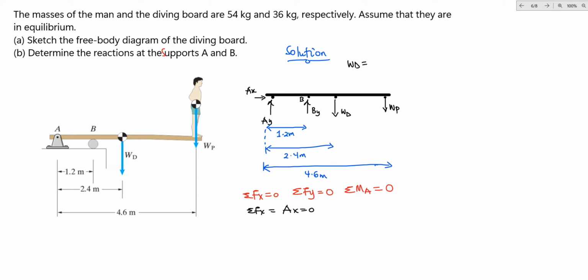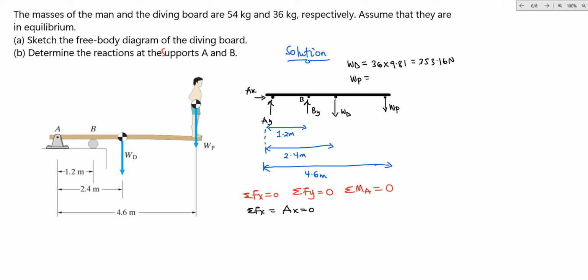You know the mass of the diving board to be 36 kilograms, so the weight is 36 times the acceleration due to gravity. So you have 36 times 9.81, which gives us a value of 353.16 newtons.